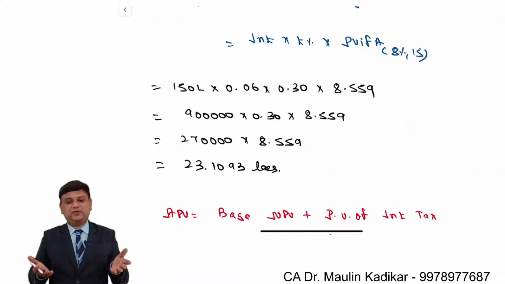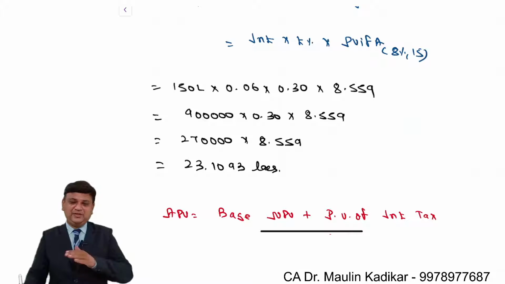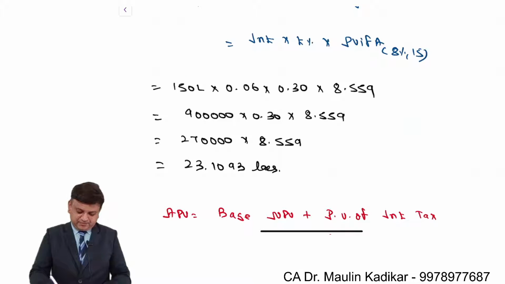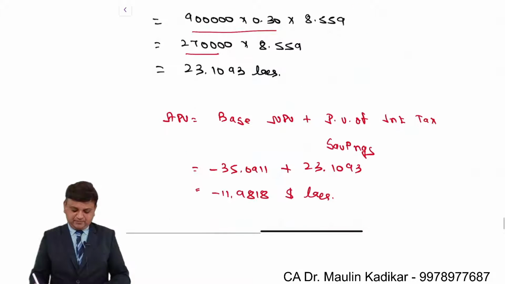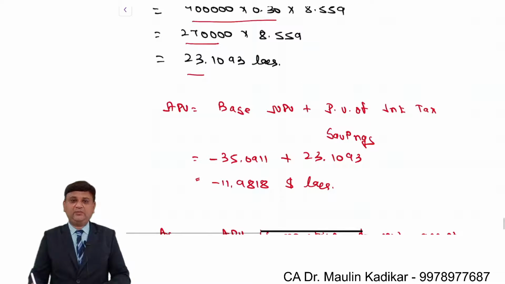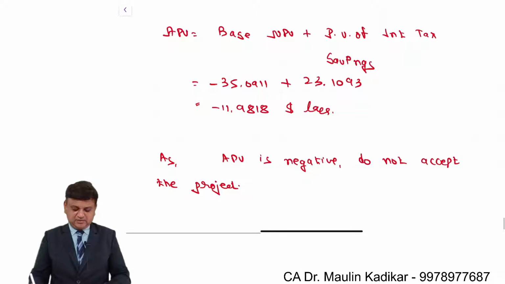Very fortunately, information is given that every year the interest amount is the same. Otherwise, preparing a cash flow series for 15 years would be extremely difficult for anyone. So the amount of interest into tax rate is the interest tax saving, that is 2,70,000, discounted in present value terms. That comes to 23.1093 lakhs.